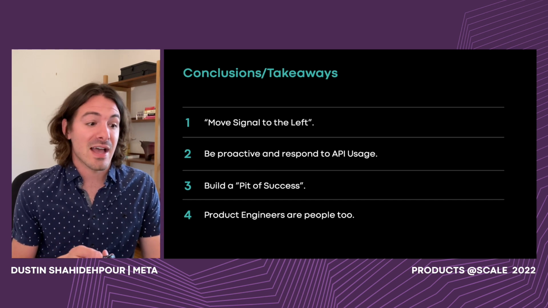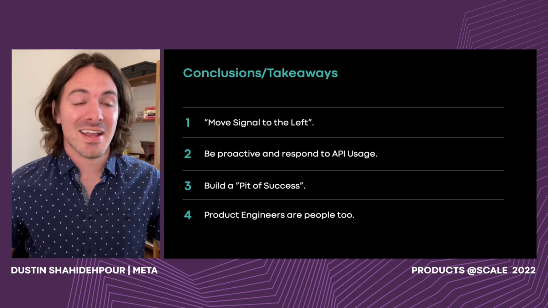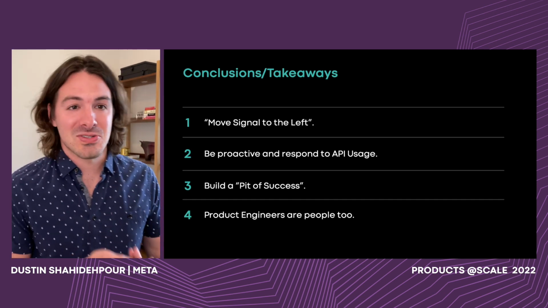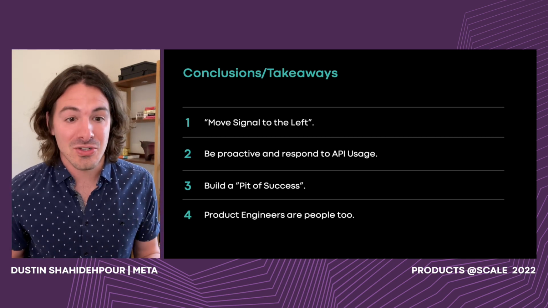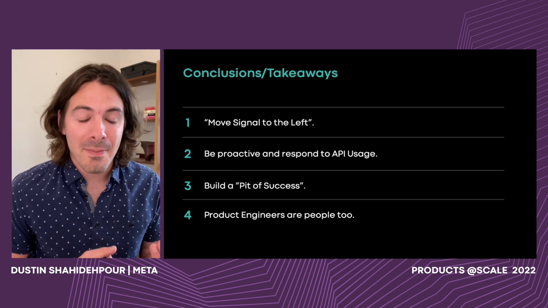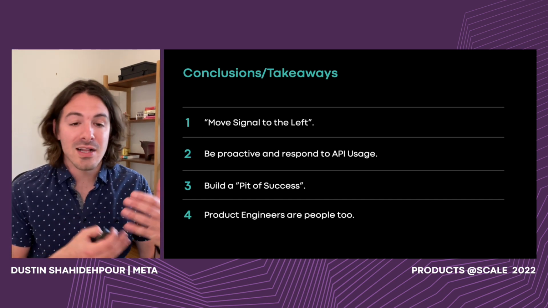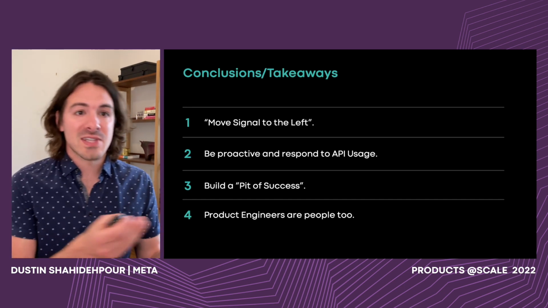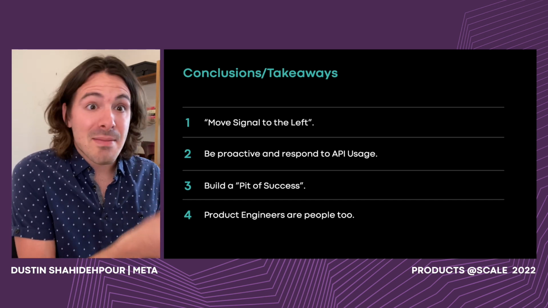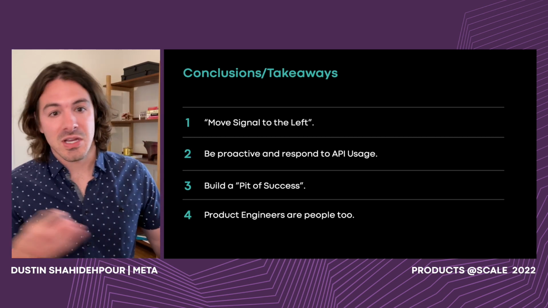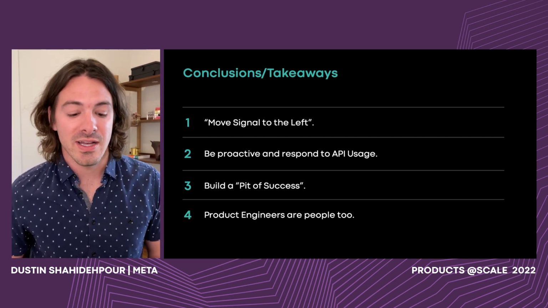And you have to respect the fact that when engineers join the company, they could be an expert in iOS development or have built an app at a startup, and then they come to Facebook and we say, we don't use any of that stuff. We have all this different technology, and it makes it harder for people to ramp up. It makes it harder to understand what's going on or debug problems on their own. So it's a constant trade-off, right? You're trying to move signal to the left so that they know quicker that something's wrong, but you're doing it with a technology that they might not be familiar with in the first place. So there's a constant trade-off back and forth that you have to consider.